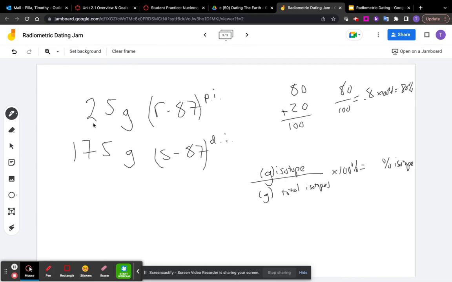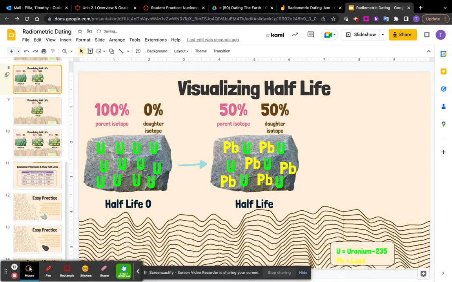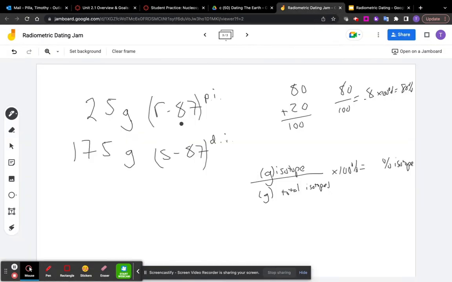So first we have to find the total. How many grams are there in total? Remember that when a rock is first formed, 100% of the radioactive isotope is still there. There's no daughter isotope. So this strontium-87 used to be rubidium.